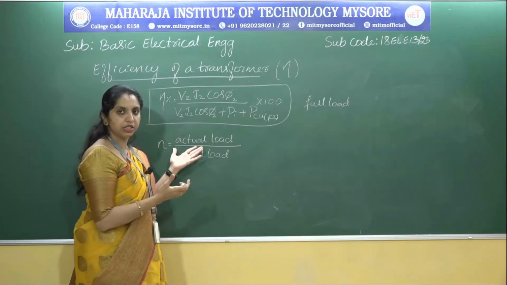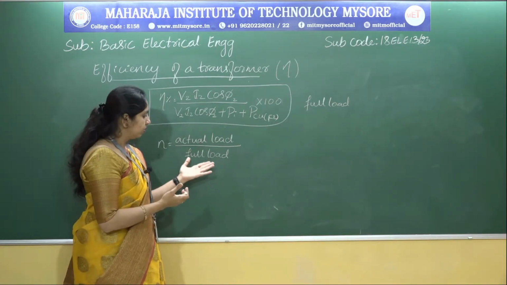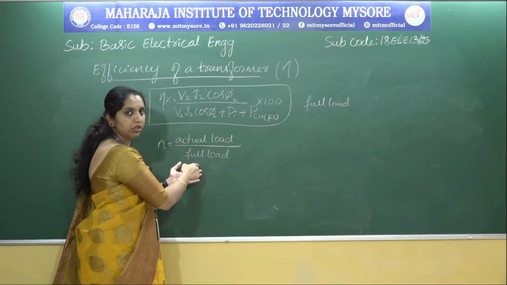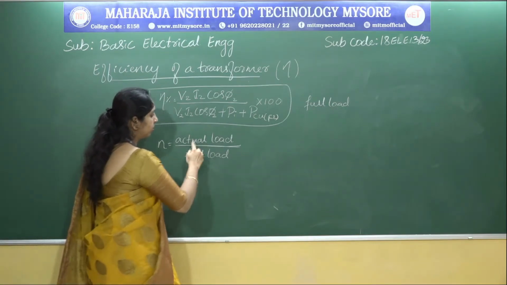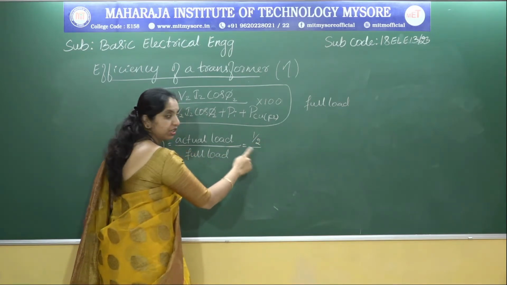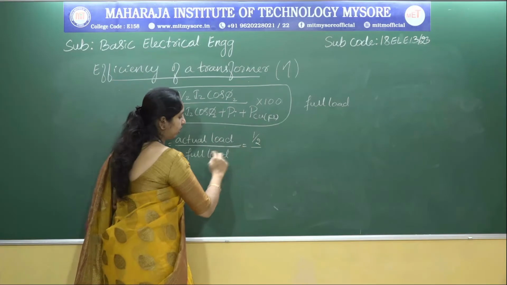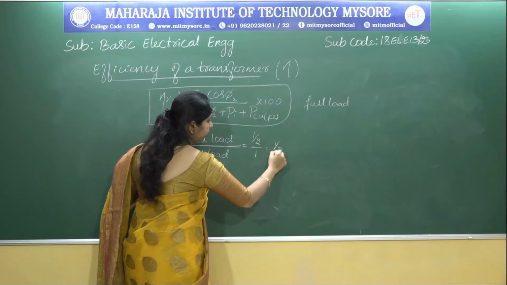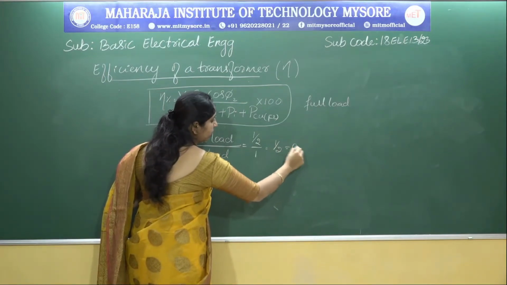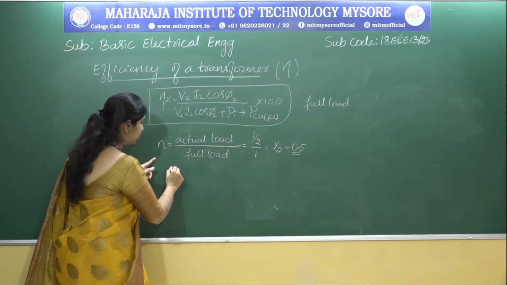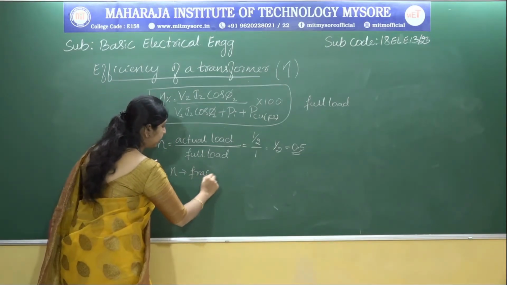So n is the ratio of the actual load to the full load. For example, if the actual load is half and the full load is 1, always taking full load as 1, then n is 1 by 2, which is 0.5. In this way n is nothing but the fractional load.